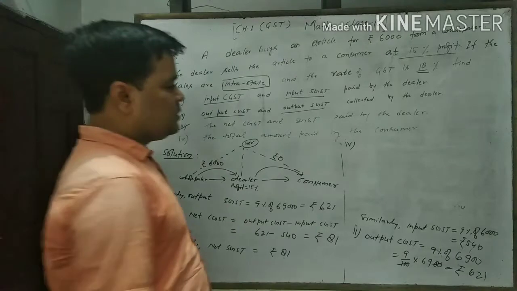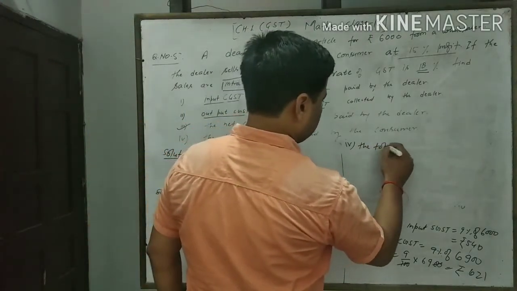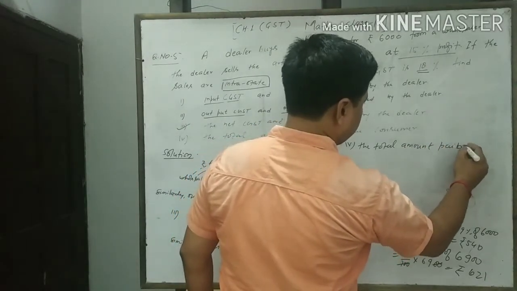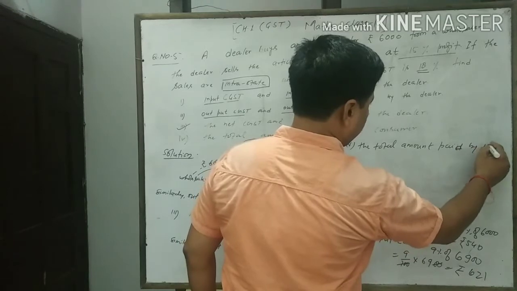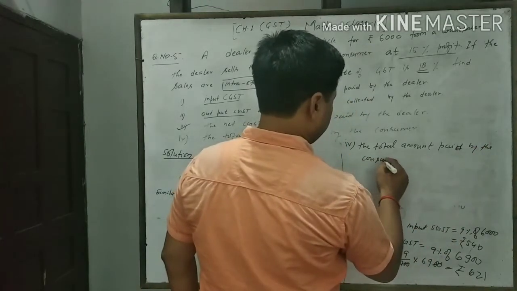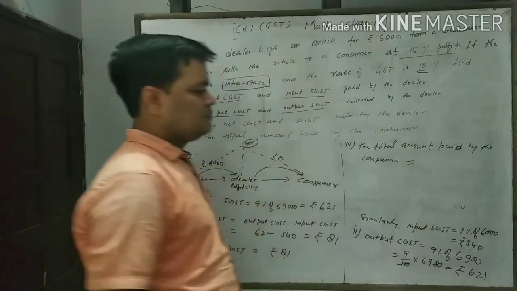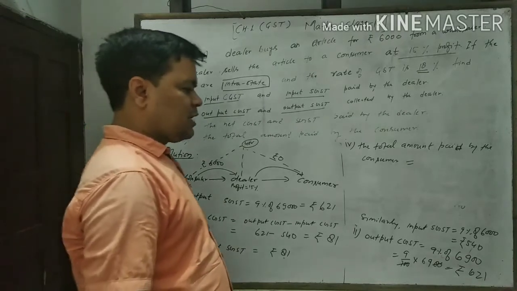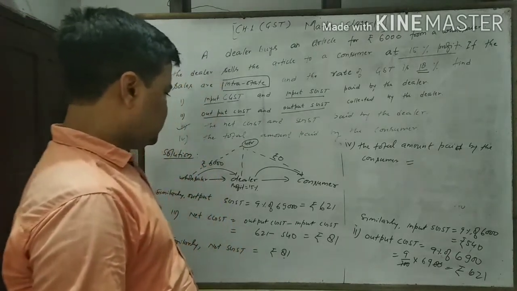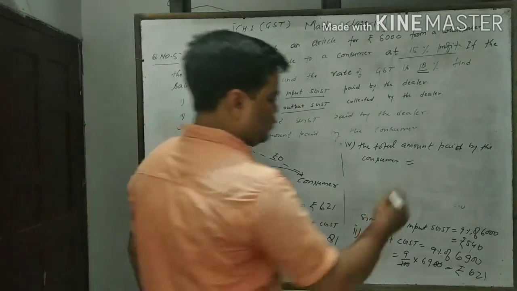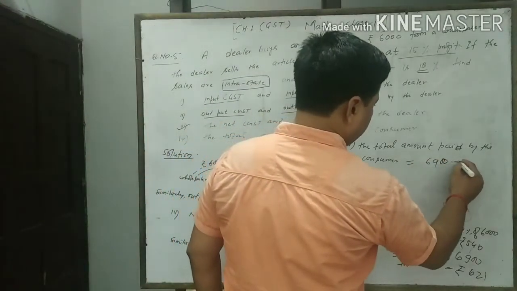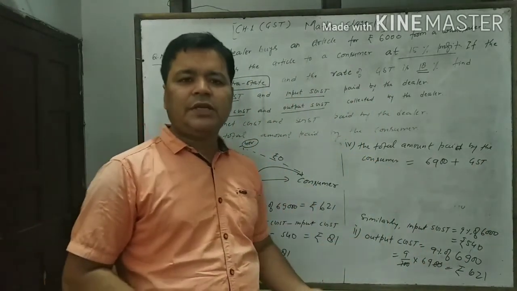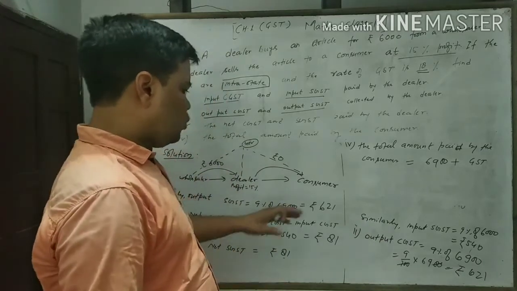The total amount paid by the consumer is equal to the cost of the article, which is 6,900 rupees, plus the amount of GST, which is in the form of CGST and SGST. We will add both.